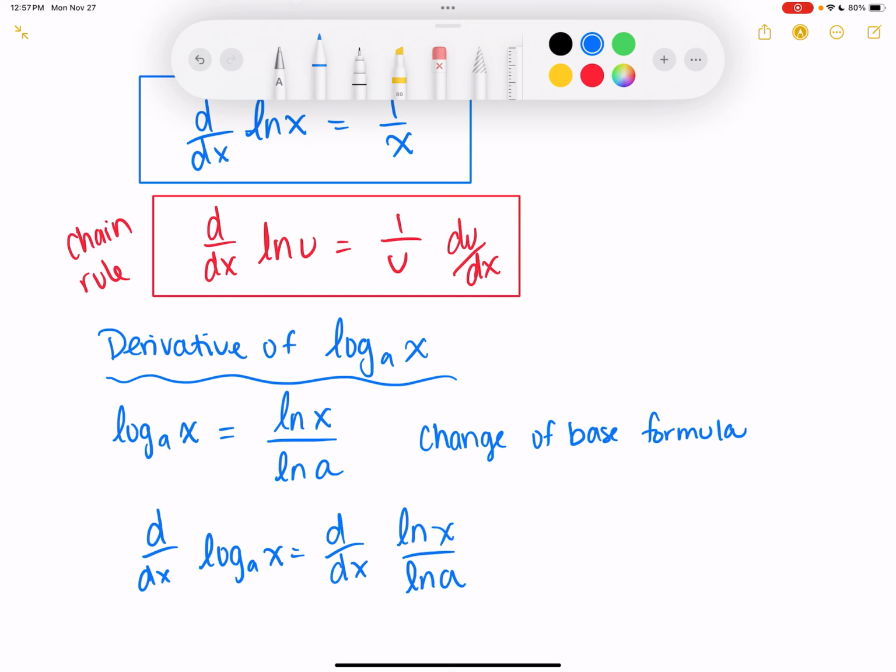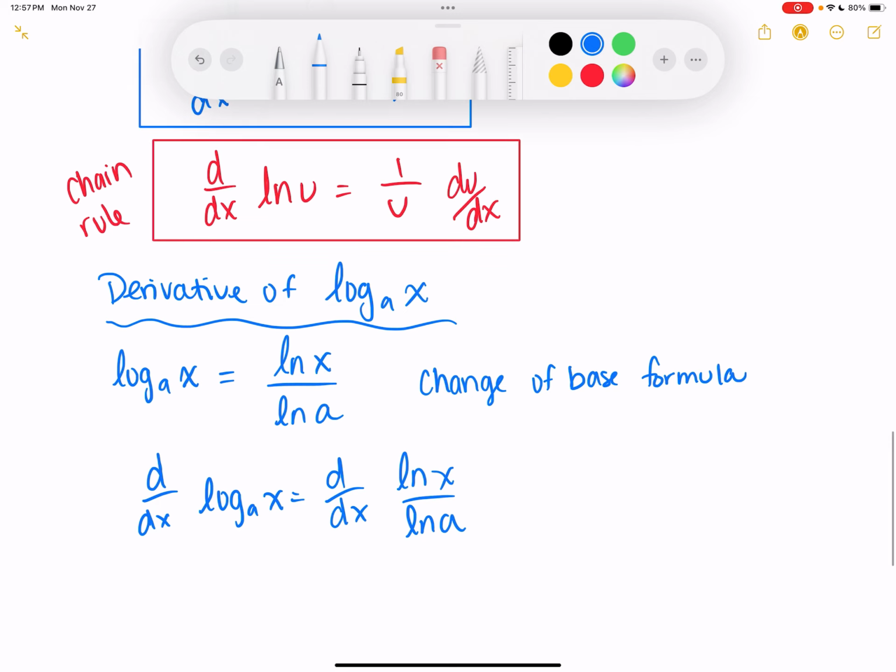Now, would you agree that 1 over the ln of a is a constant value? Yes, because a is a number. Okay, so I'm going to make this 1 over the ln of a times d dx of the ln of x, because ln of a is constant.